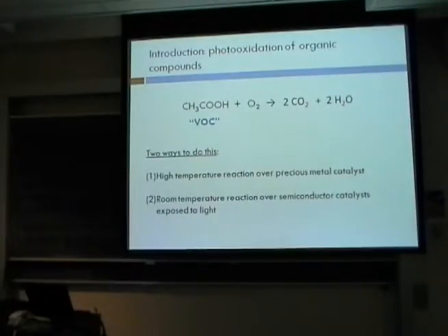Okay, there's obviously a significant amount of work in water splitting, but there's been a lot of work in the catalysis community in using photocatalysts to go in the opposite direction, destroying organic contaminants.